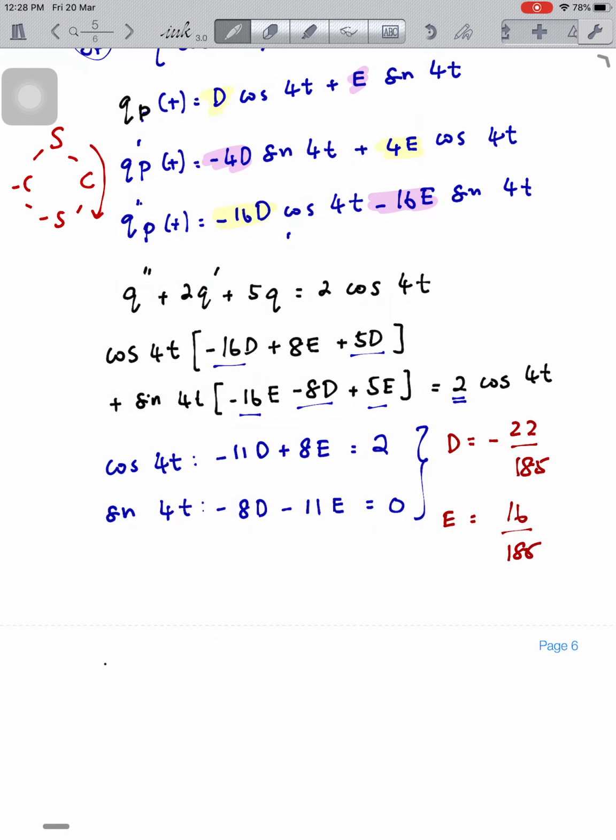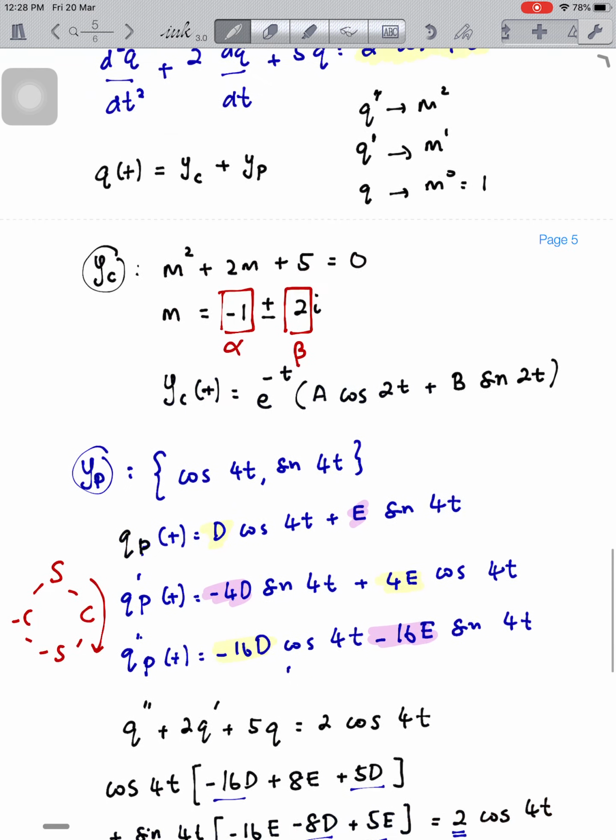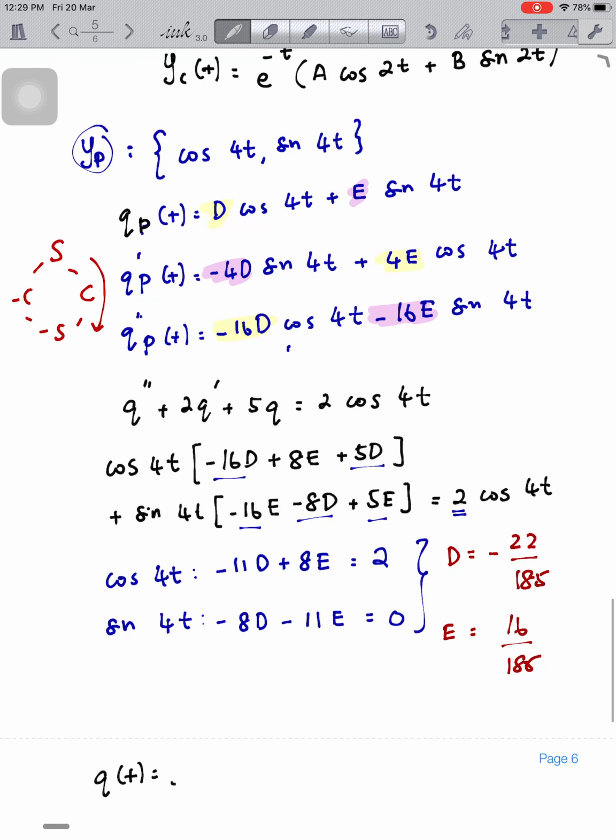So for this case, my Q of T is going to equal YC plus YP. Where's my YC? It's going to equal exponential of negative T times A cos of 2T plus B sine of 2T.